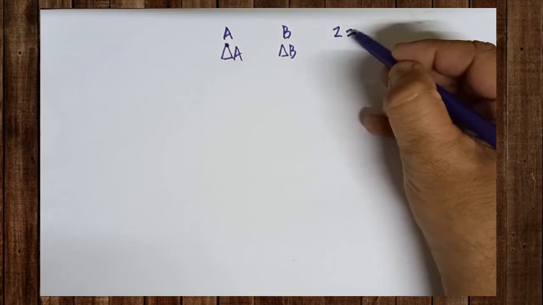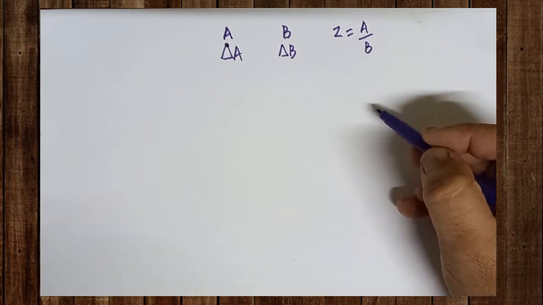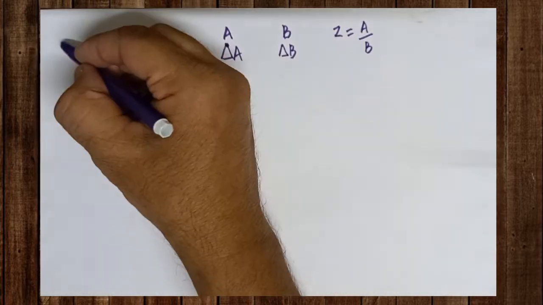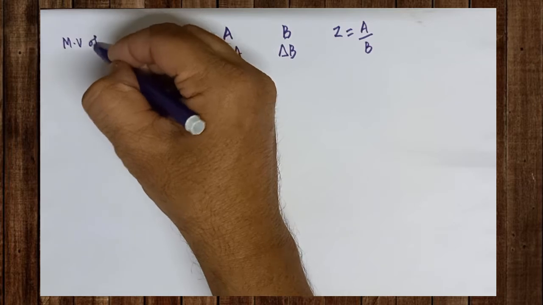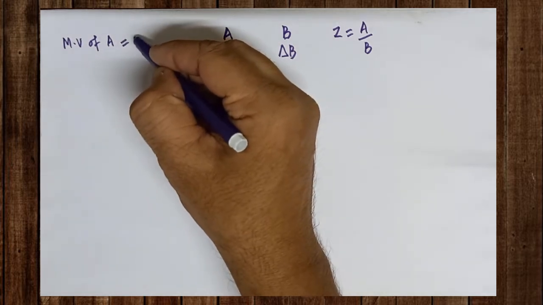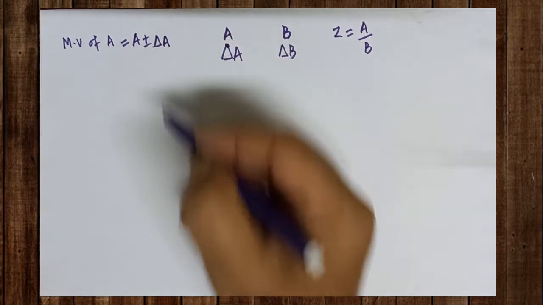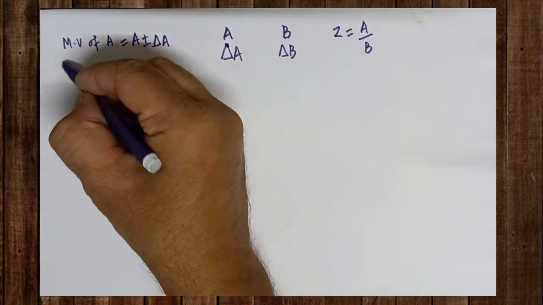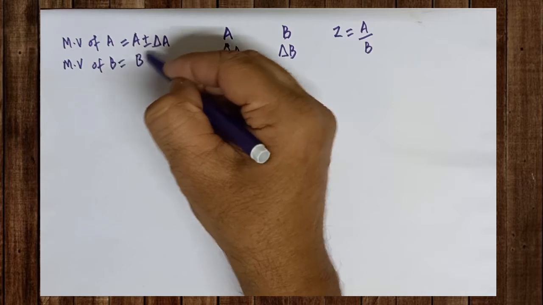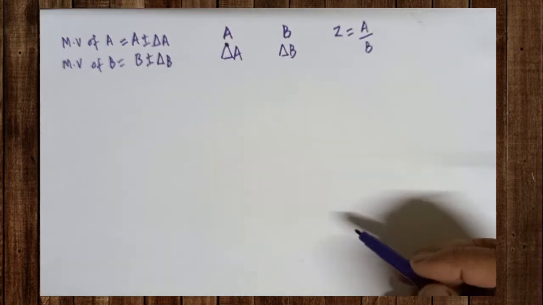Therefore, Z is nothing but A divided by B. Here, you know the measured values of A and B. The measured value of the first quantity will be A plus or minus del A. The measured value of B can be written as B plus or minus del B. They are called the measured values of A and B.